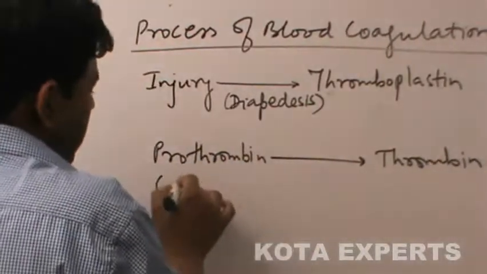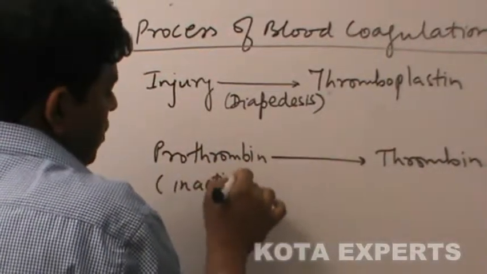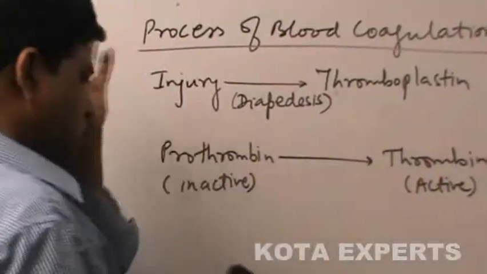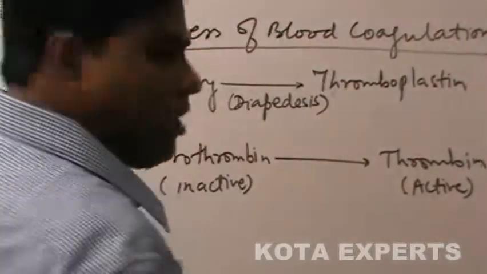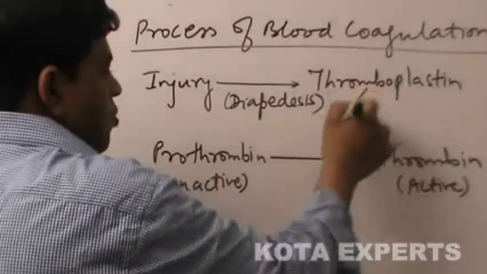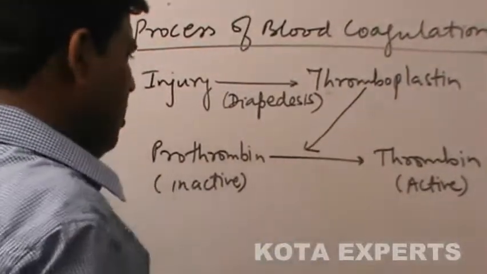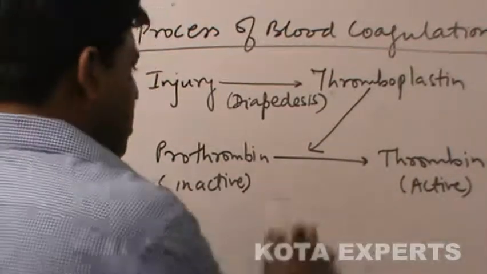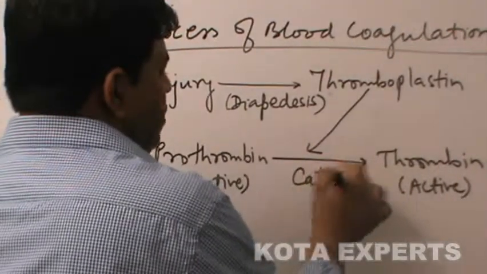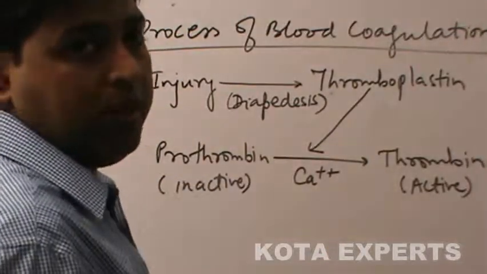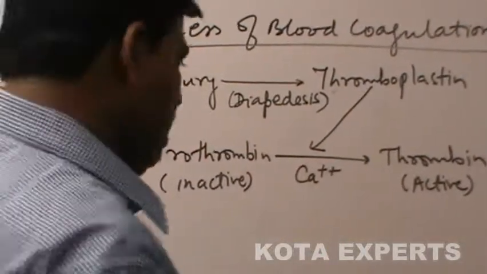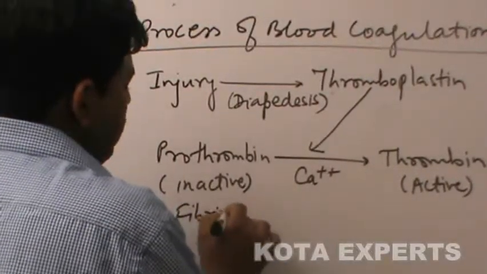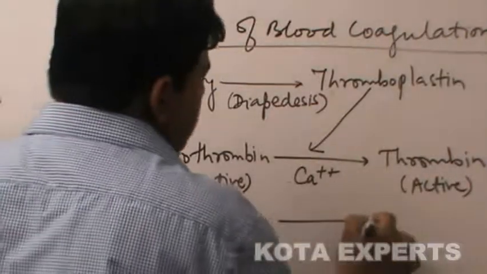Prothrombin is an inactive protein found in the plasma, and thrombin is the active protein found in the plasma. So thromboplastin acts as a catalyst for the conversion of prothrombin into thrombin in the presence of calcium ion. And this thrombin will convert the soluble fibrinogen into fibrin.